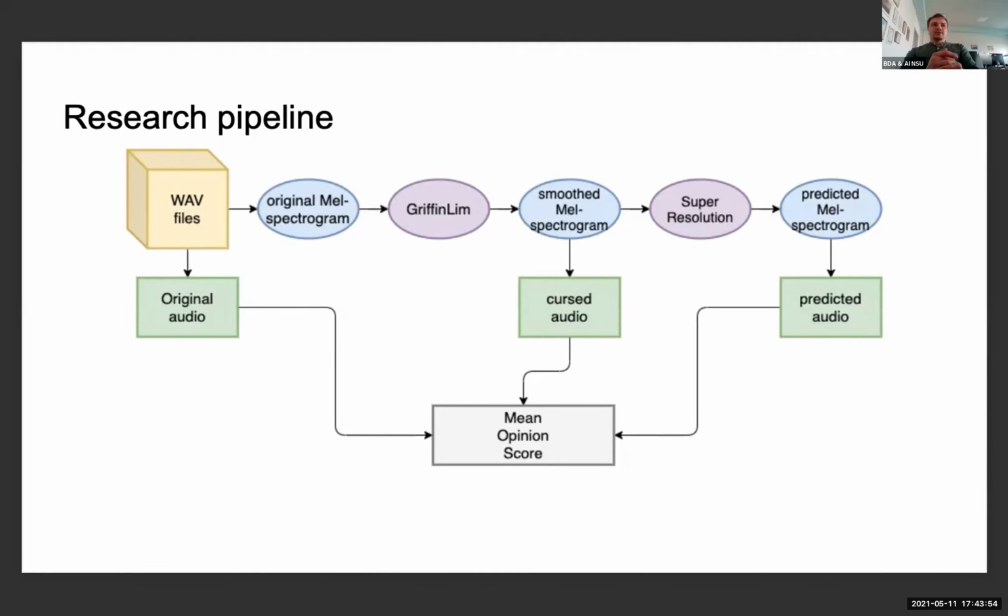First, you need to have some prepared dataset. I'm asking whether the dataset is prepared. How many files, how many objects to train on do you have? For the whole pipeline, you need to generate first the original Mel spectrogram, then the Griffin-Lim spectrogram, then the predicted spectrogram. You designed a pipeline, so what did you process on your pipeline? How many files, how many objects?